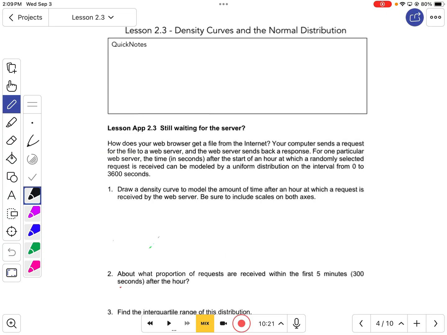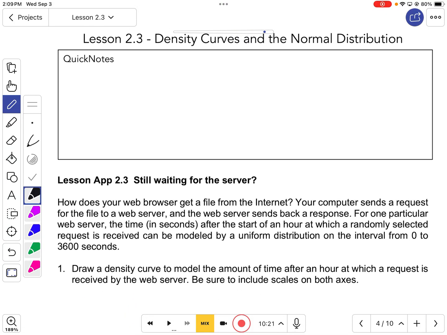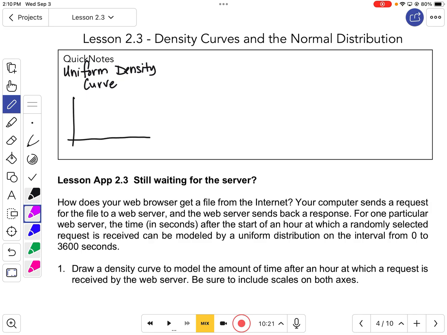So here we go. Let's put some quick things together back here, some notes. Our different density curves. Let's do that uniform curve. I'm going to give it to you in just generic symbols. I'm going to go out to a distance of k, and I get this rectangular curve.